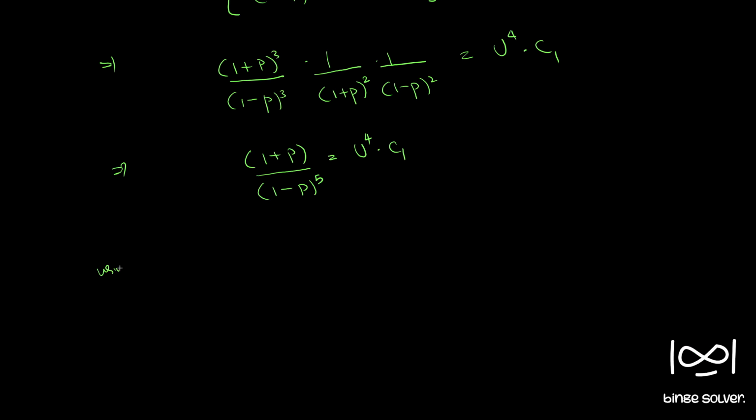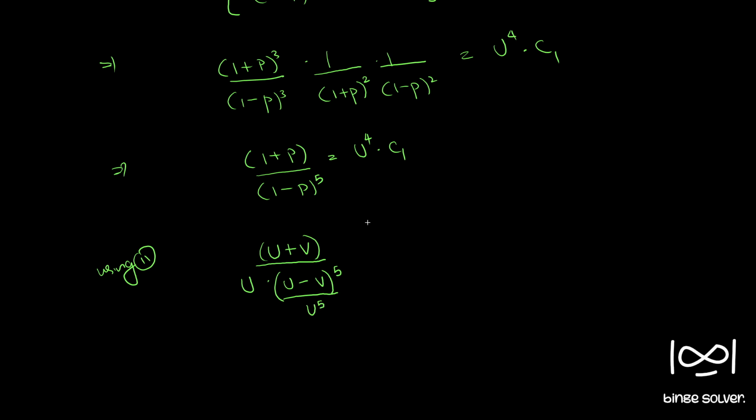So with v by u, if we apply, we get (u plus v) by u into (1 minus v by u), so (u minus v) raised to 5 by u raised to 5.